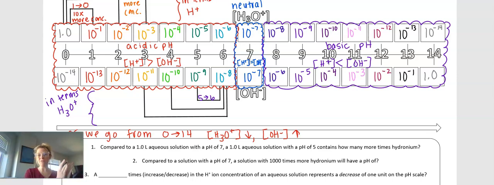So going from a pH of 5 to 6, I'm still 10 times, okay, but am I more or less concentrated in terms of H3O plus? So if I'm going from 5 to 6, I am 10 times less concentrated in terms of H plus. Okay.